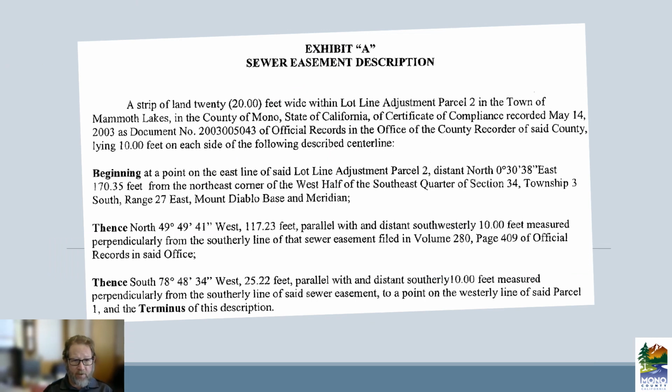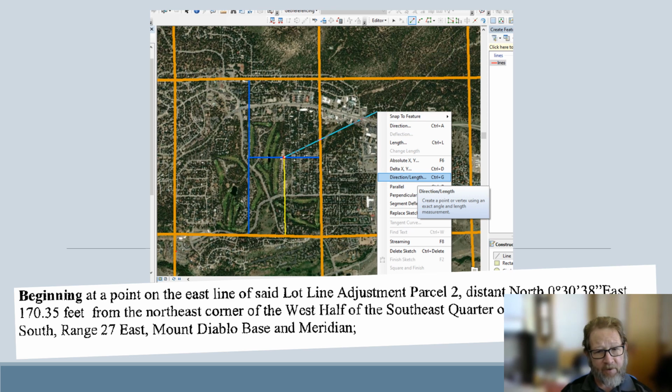Now what we are going to do is digitize the legal description here in ArcMap. You could follow along with me, and we'll just take it step by step. The very first thing you're going to want to do is download the shapefiles I've associated with this. The shapefile will have the starting point that we've identified on previous slides.